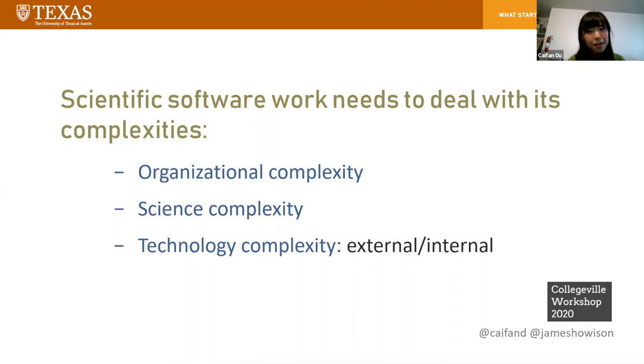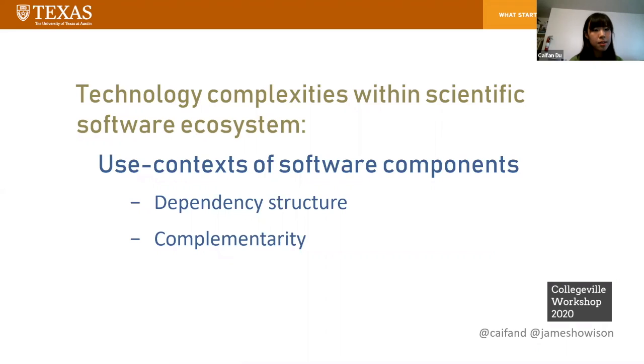And what's more, scientific software work has to deal with its technology complexity. Externally, scientific software needs to react to the upgrades of hardware and perhaps scientific instruments. But within the scientific software ecosystem, we speak of the technology complexity of scientific software in terms of its dependency structure and complementarity.